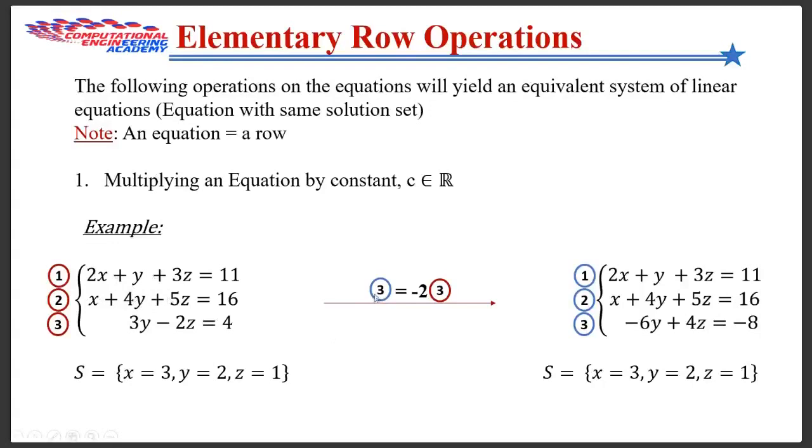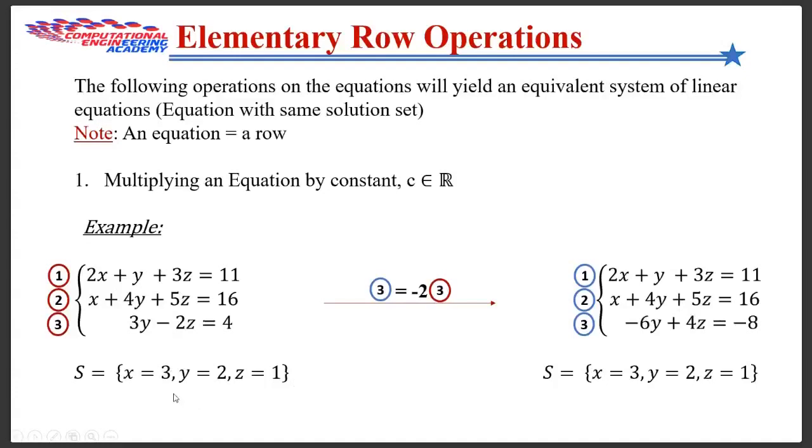If we multiply row 3 by -2 to have a new row 3 here, where all the elements are multiplied by -2, so we have 3 here to give us -6, -2 times -2 to give us 4, 4 times -2 to give us -8, then this will be the new system, right? Row 1 has not changed, row 2 has not changed, but row 3 here is different. So these two systems here are equivalent. Why? Because they have the same solution set.